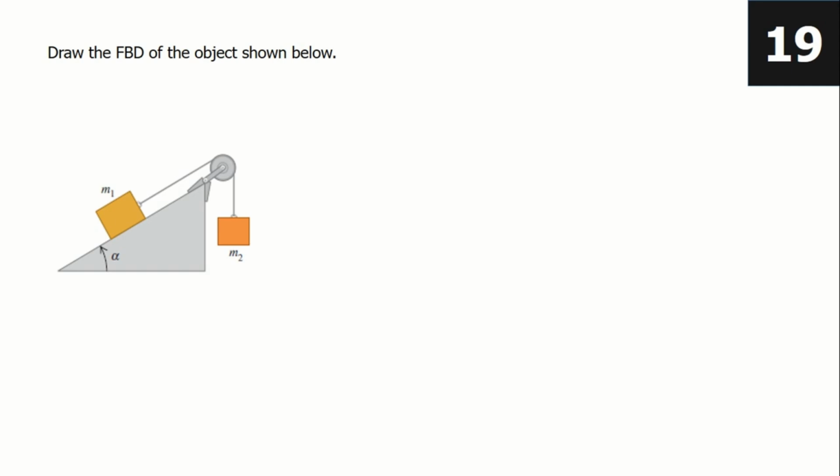Okay, on item number 19, we have a pulley system here. We have also a ramp. On the ramp is mass 1, while mass 1 is attached to mass 2 by means of a string, and mass 2 is hanging. So I guess it's easier to do a free body diagram for mass 2.